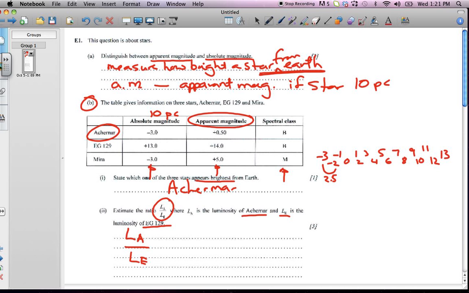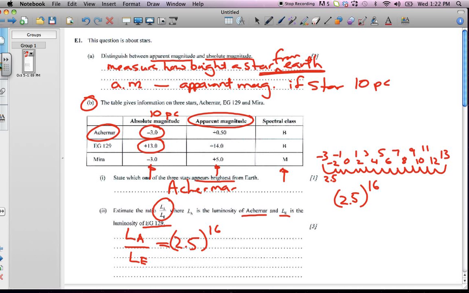The -2 is going to be 2.5 times less bright than the -3. So we're going to have 1, 2, 3, 4, 5, 6, 7, 8, 9, 10, 11, 12, 13, 14, 15, 16 factors. 2.5 to the 16 factor difference. Now LA is actually going to be brighter than the EG129, so this would be 2.5 to the 16.